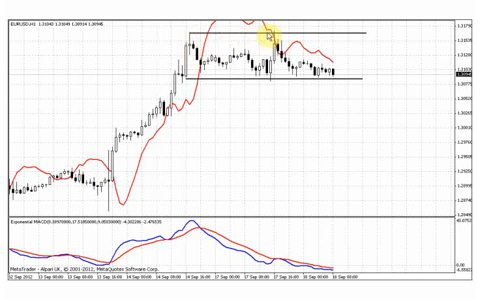Here, by the way, we see a small wash and rinse of this swing high. Okay, so you can see some small wash and rinse and it returns right back.